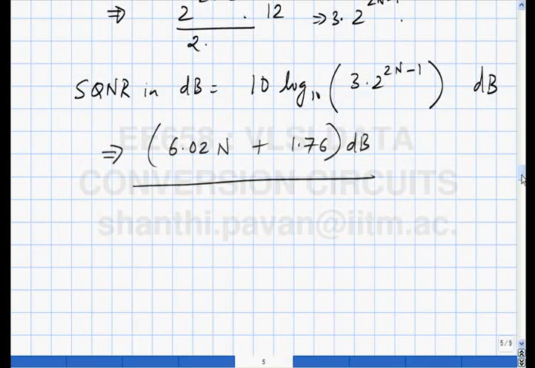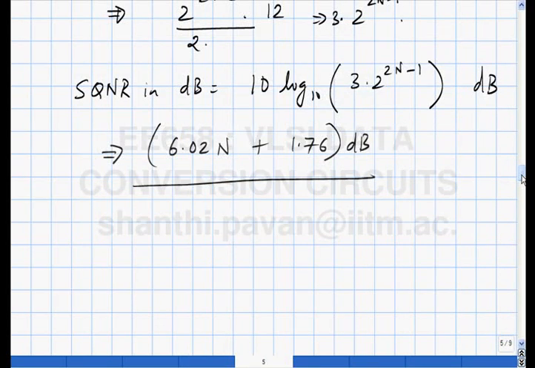If you want to keep the full scale range the same and you increase the resolution, that means the quantization step is now 1/2 of what it was before. So the quantization error is 1/2 of what it was before, and the quantization noise power is 1/4 of what it was before.